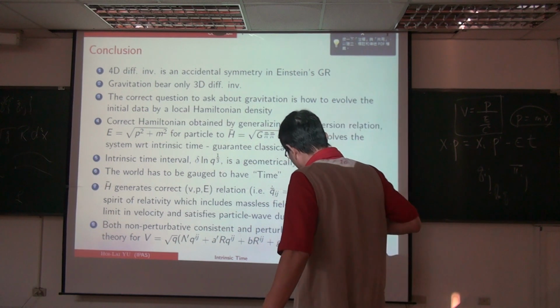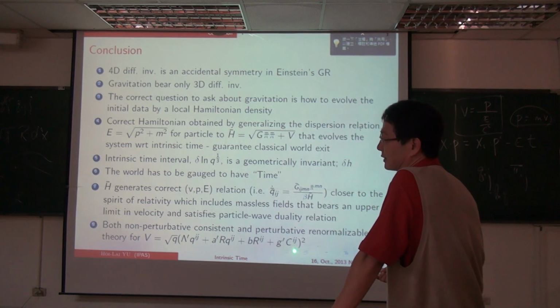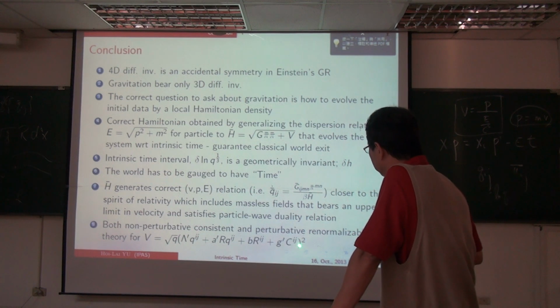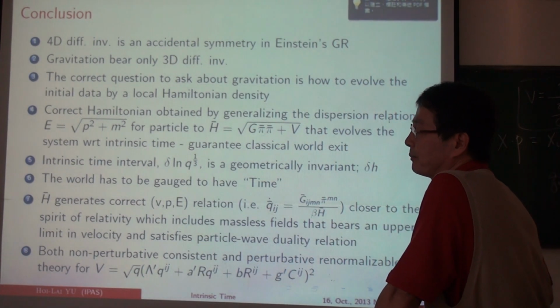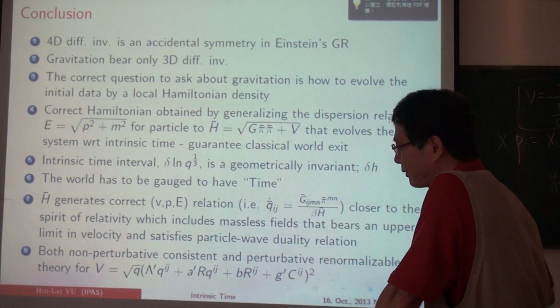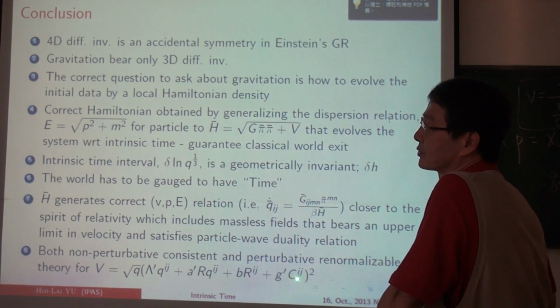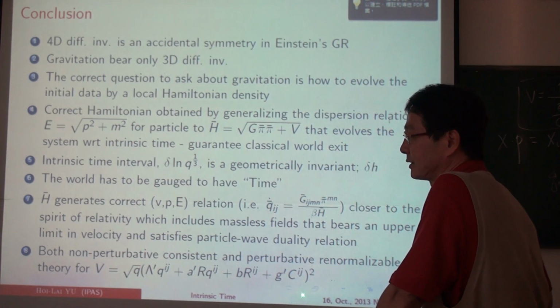For example, in the very early universe, this is a dimension 6, so-called dimension 6 quantum tensor. Very early universe means earlier than Planck time. One can show that this will be the dominating term in your potential. Now, if you work out the details, for example for the Bianchi type, I forget whether it's type 1 or type 6 model, one can show explicitly there will be no singularity at all. It becomes a simple harmonic oscillator.